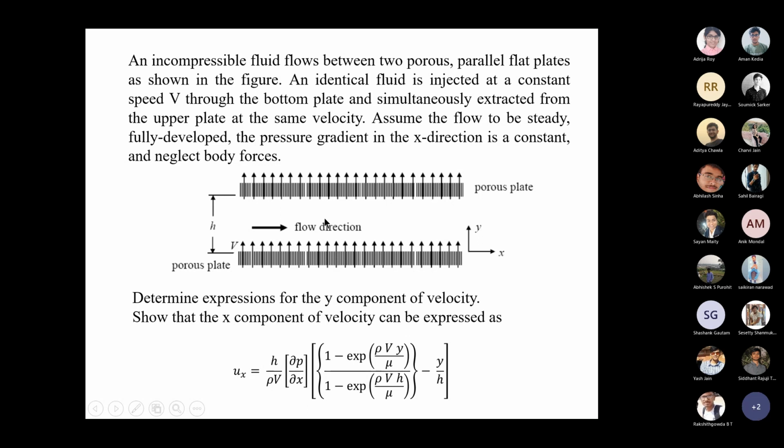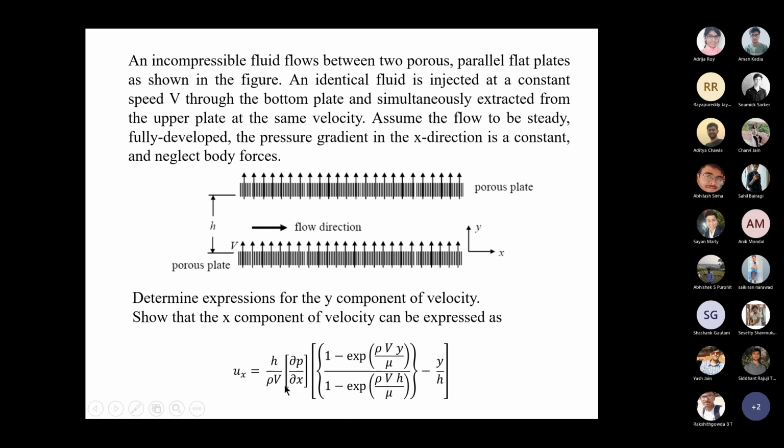So this appears to be a theoretical problem, but it has applications in membrane separation and similar processes, as well as in controlling the drag in a boundary layer in some very special conditions.